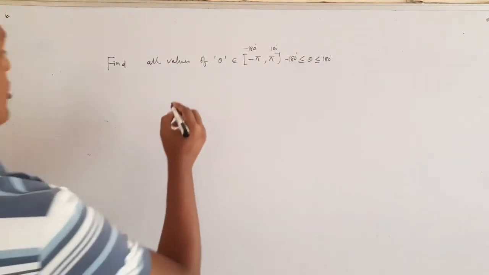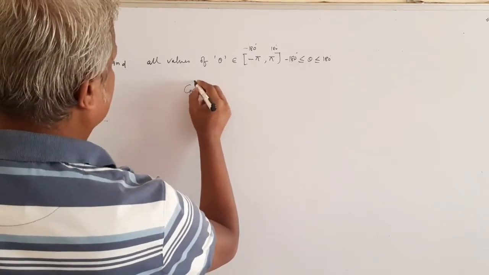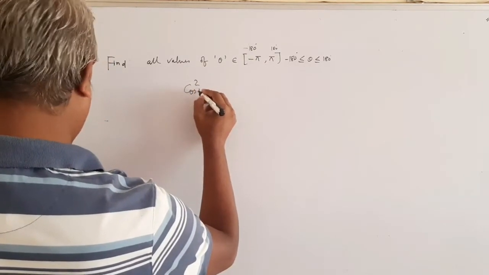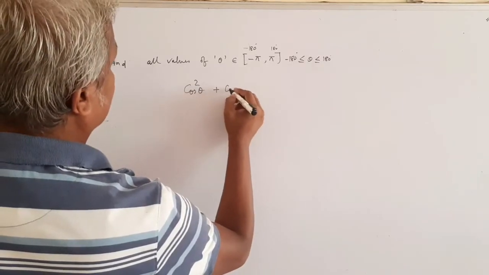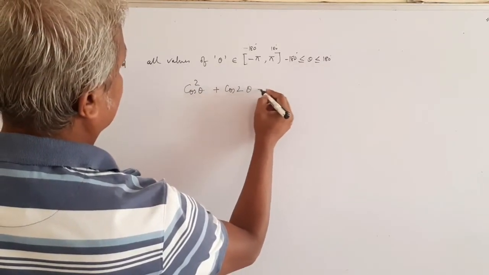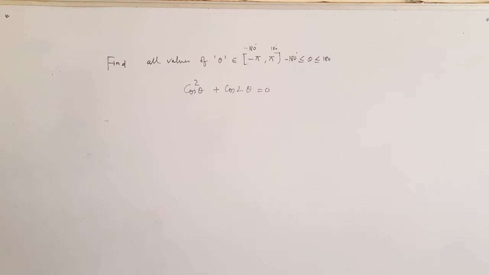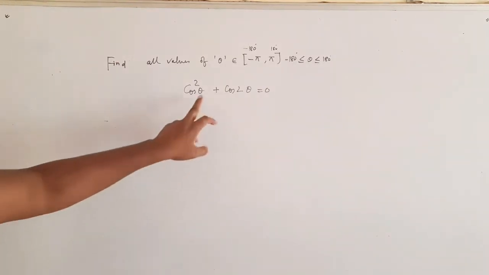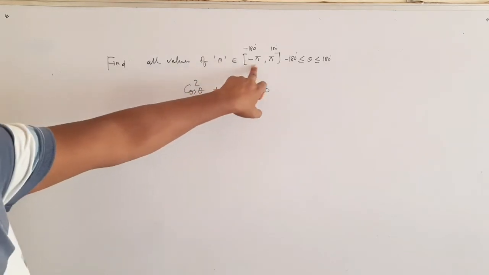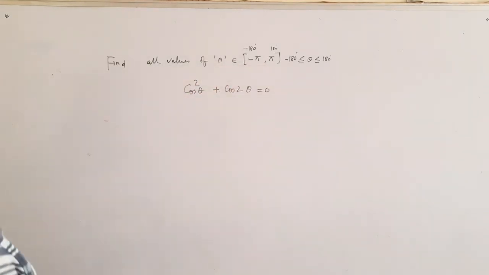Satisfying the equation cos square theta plus cos 2 theta equal to 0. This is the question. We have to find all the values of theta lying between minus pi and pi. How to solve?